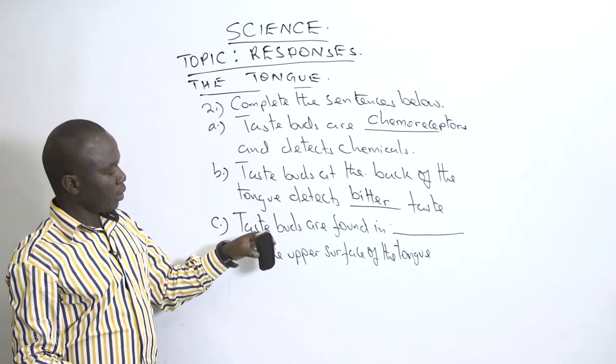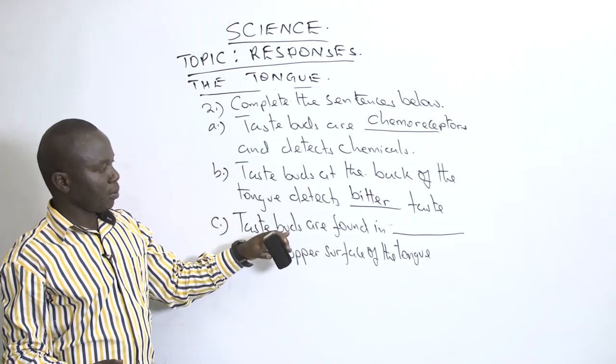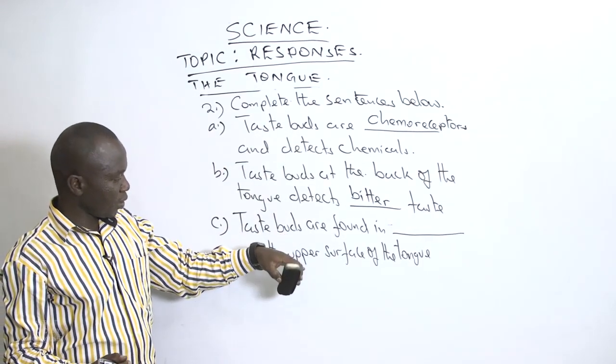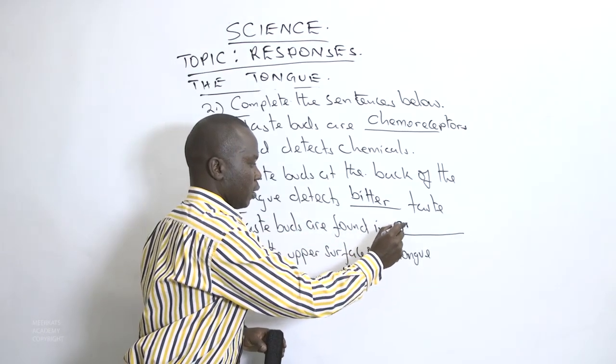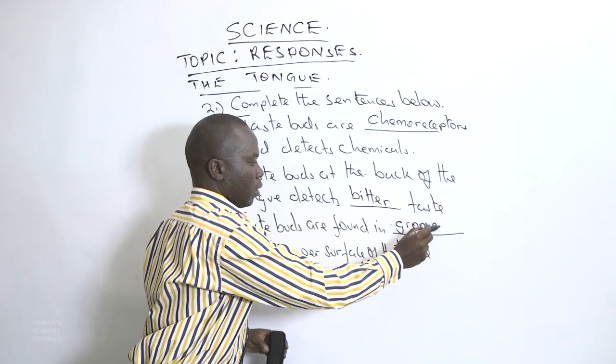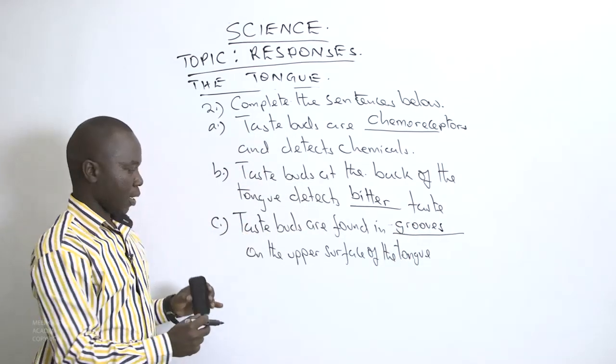We have already said that test pads are cells which are chemoreceptors, but they'll be found in grooves. Found in grooves. In grooves on the upper part of the tank.